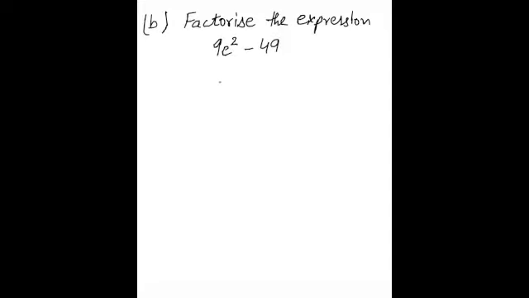Now B part says factorize the expression 9e square minus 49.